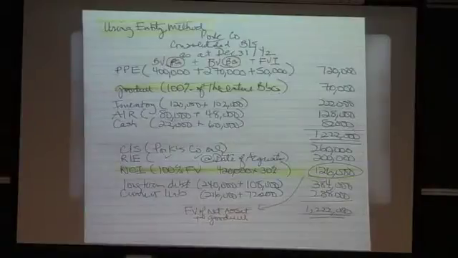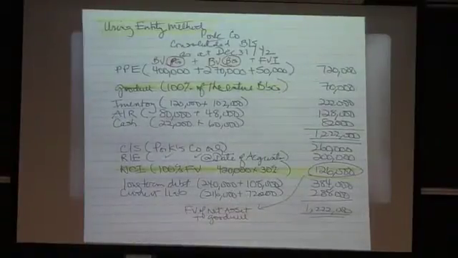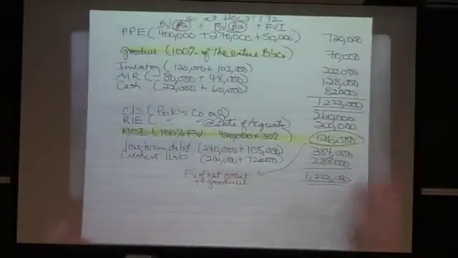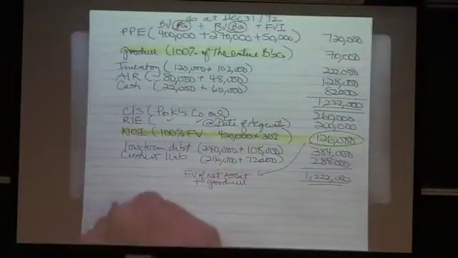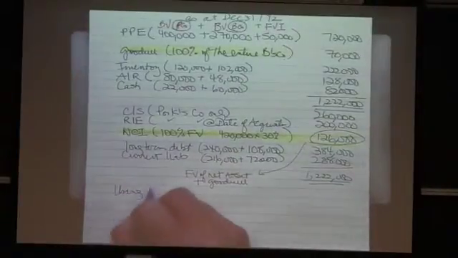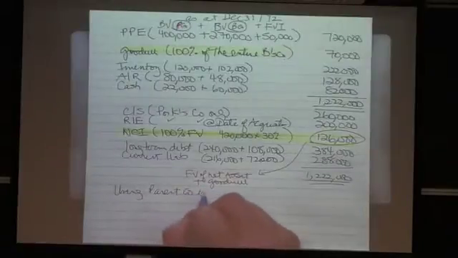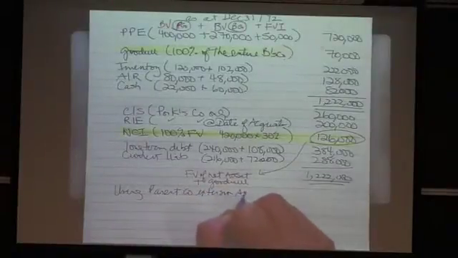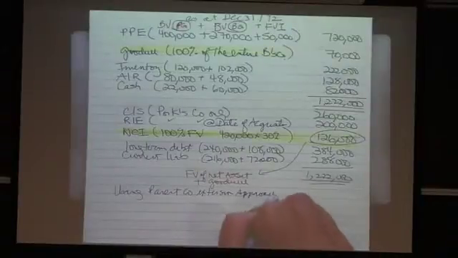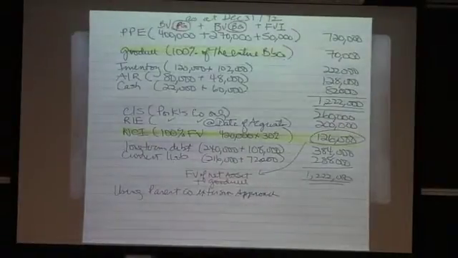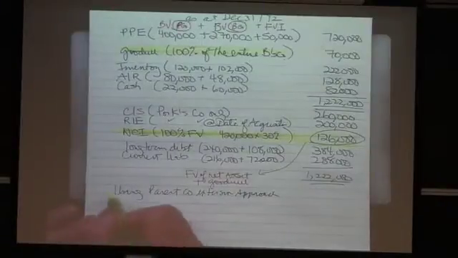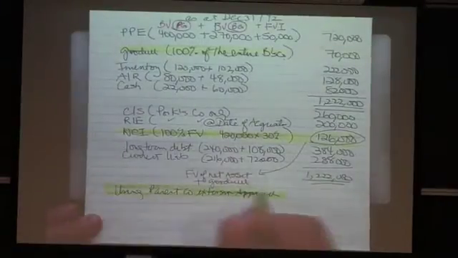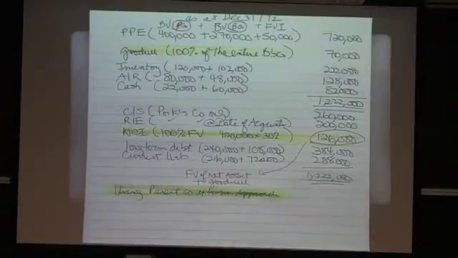Now, Part B says what would be the goodwill and non-controlling interest assuming we use the parent company extension approach. So this is the second method. So using the parent company extension approach, what would be the goodwill and the non-controlling interest? This is asking us about the other method that's allowed under IFRS 3, and this is only because of the non-controlling interest.